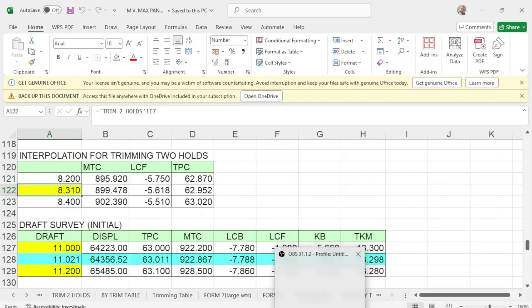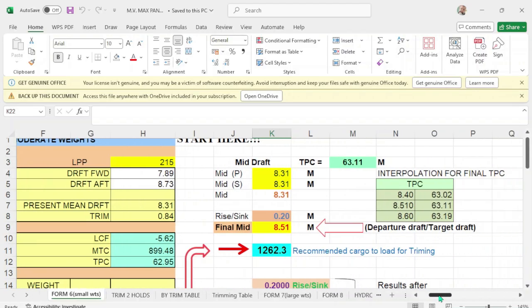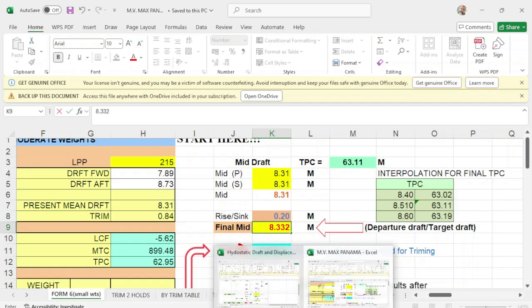Okay, I go to the program and I put here, for example, 8.332.